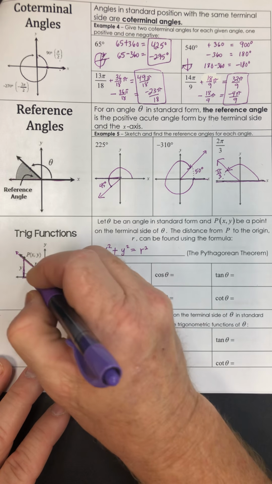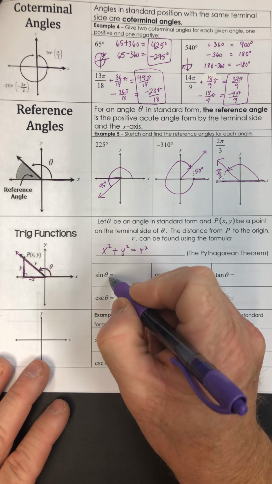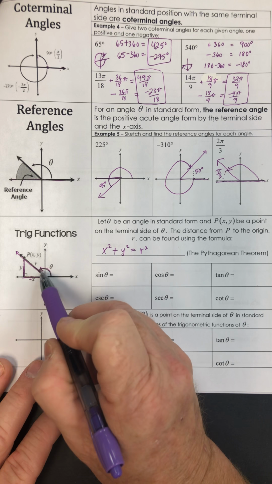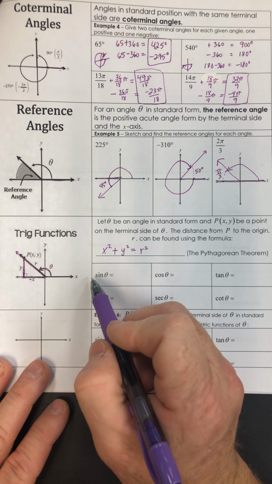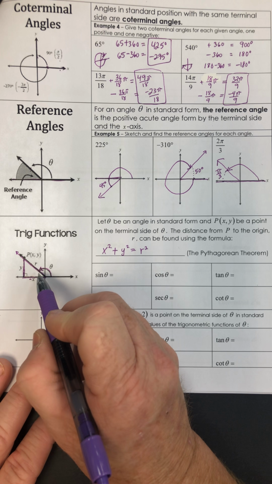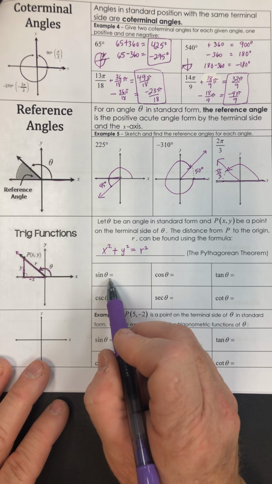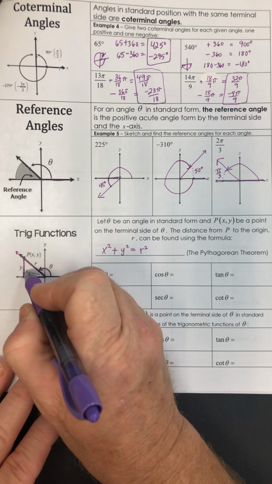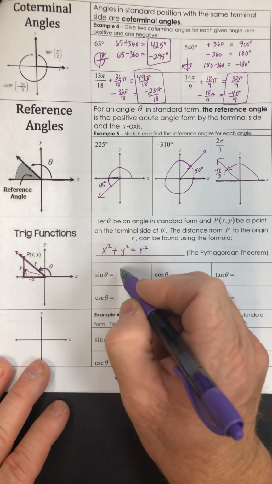So sine of theta, the ratio is going to be the same as the reference angle. So the sine is the side opposite over hypotenuse. So this would be y over r.